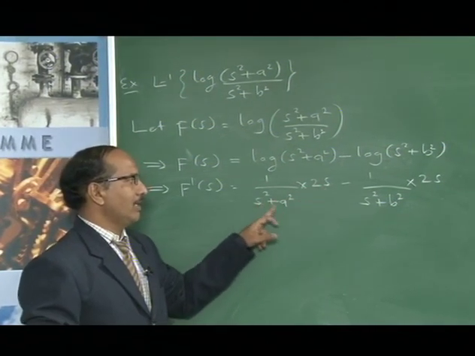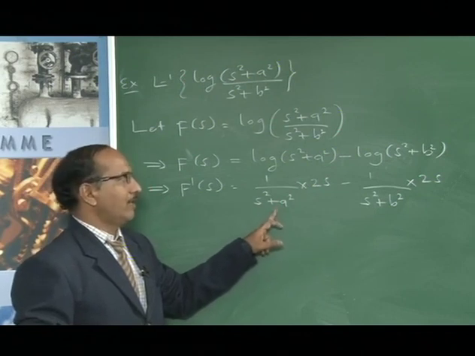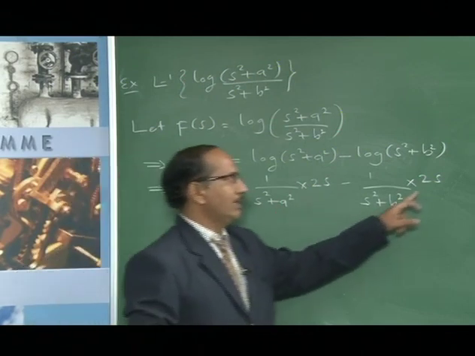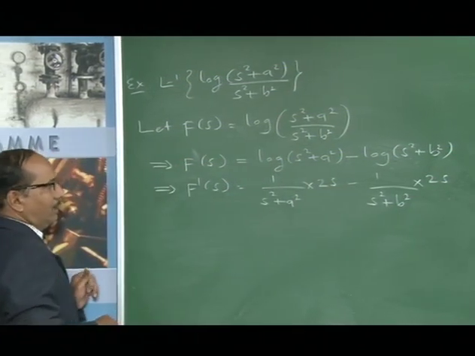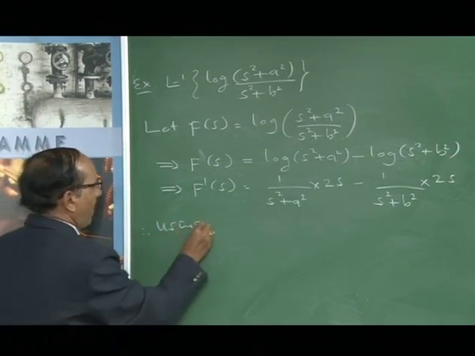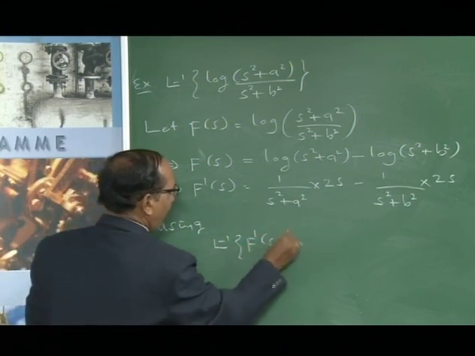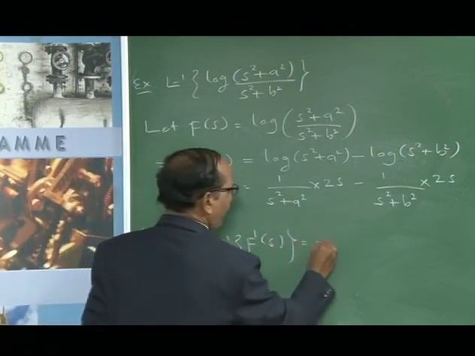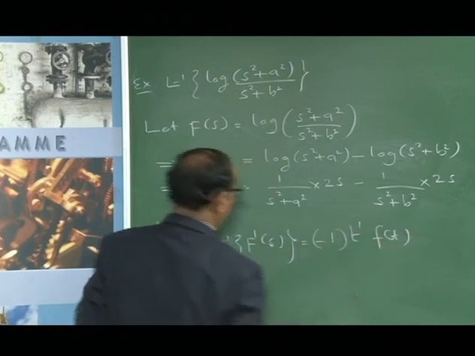s divided by s square plus a square is the transform of cos a t. Similarly, s divided by s square plus b square is the transform of cos b t. Therefore, using n equal to 1 in the formula, f dash s is equal to minus 1 raised to 1 into t f of t.